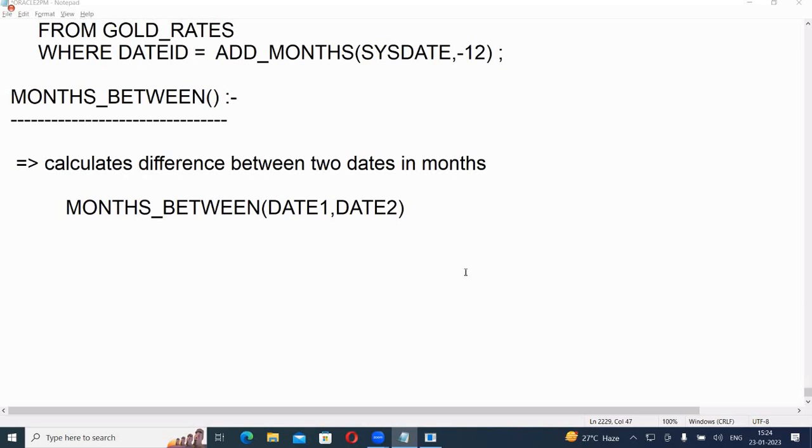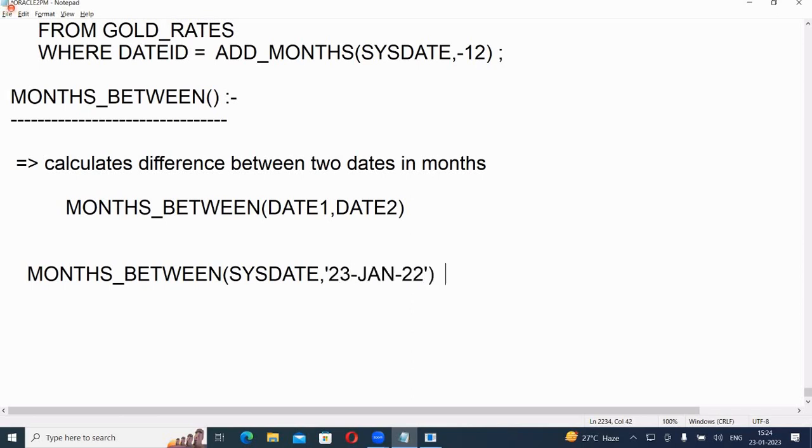Now, for example, just see this. Months between, date 1 is the system date.